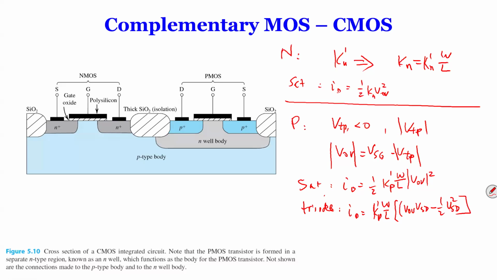So now I write it here. I'm also going to write the triode region. In the triode region, for the MOS, I want to write it here to compare: ID equal to K times VOV VDS minus 1/2 VDS squared. Okay, so these are the two equations.